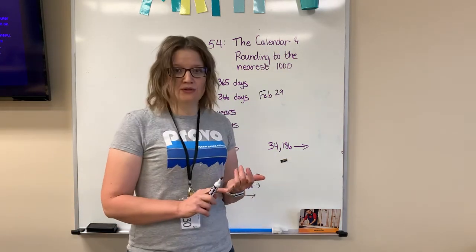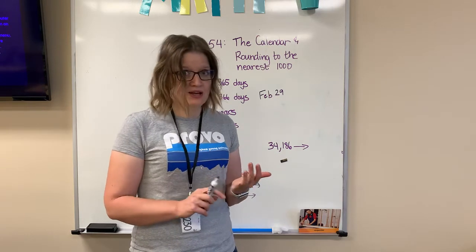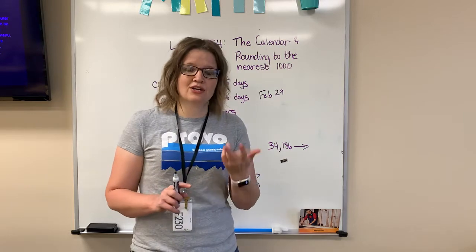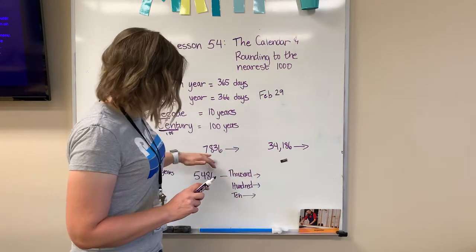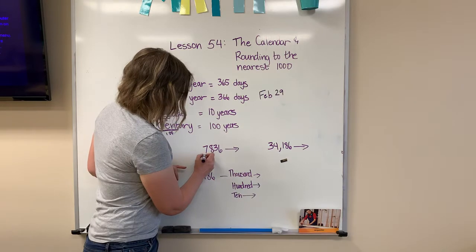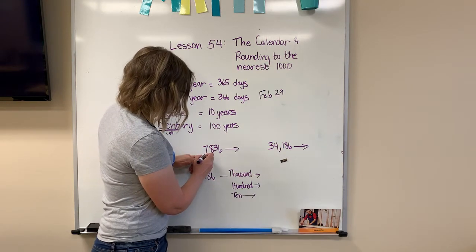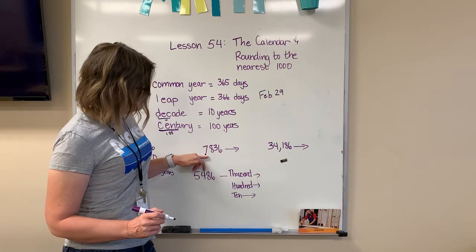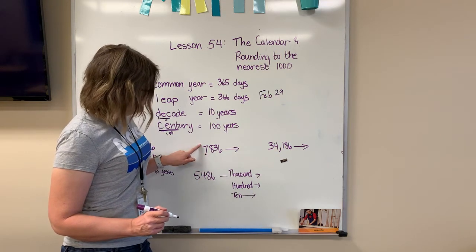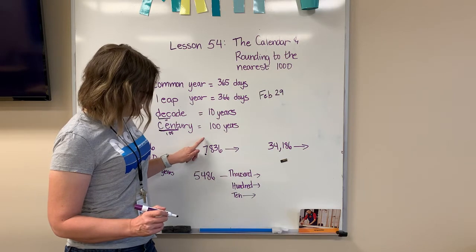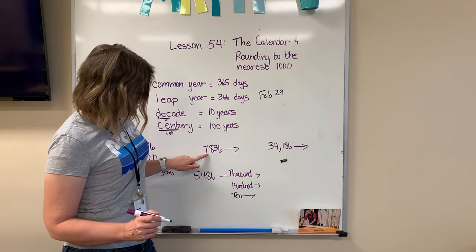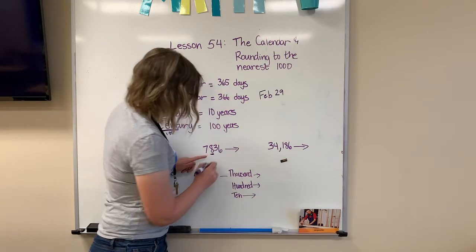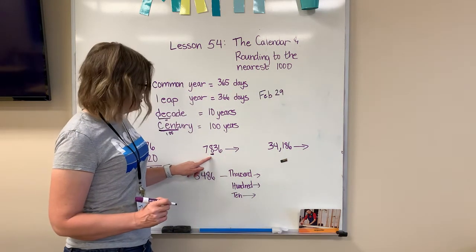Our final piece is to talk about rounding. We've rounded to our nearest 10, we've rounded to our nearest 100, and today we're going to practice rounding to our nearest 1,000. The trick is this: when we're rounding to our nearest thousand, we look at our place value here. This is our 7,000, and we look next door at the digit next to it, which is in the hundreds.